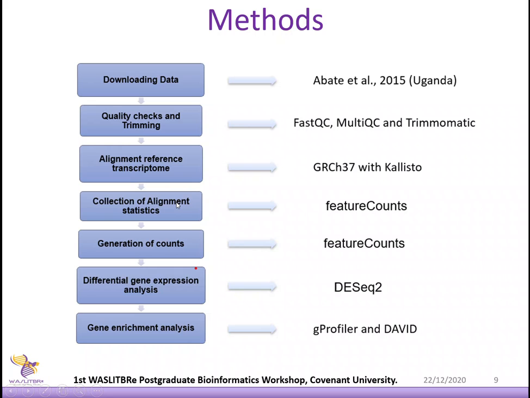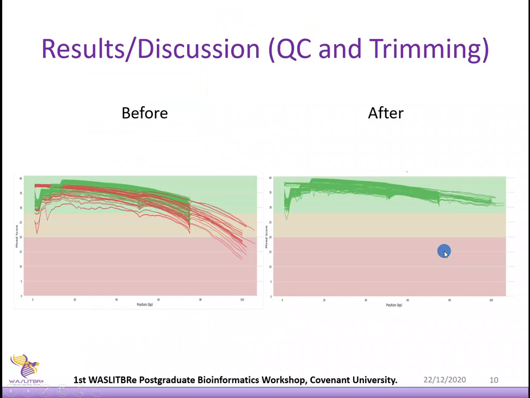Okay, and the alignment stats were collected using featureCounts, and then differential expression analysis was performed using DESeq2. Finally, gene enrichment analysis was also done using g:Profiler and DAVID annotation tools.